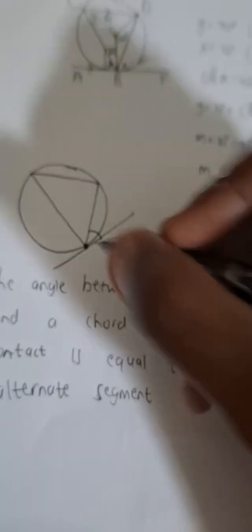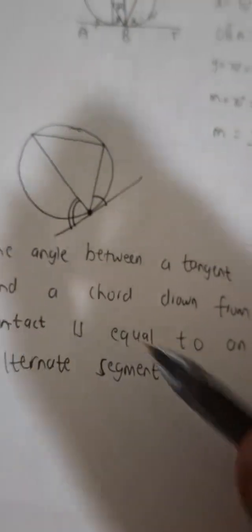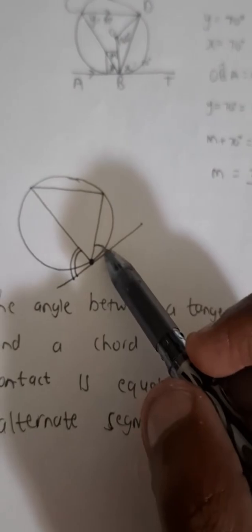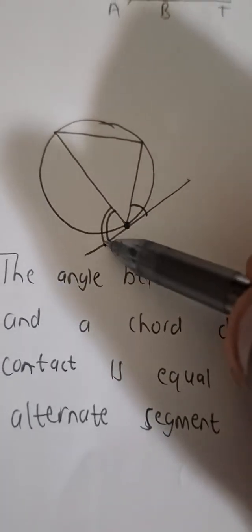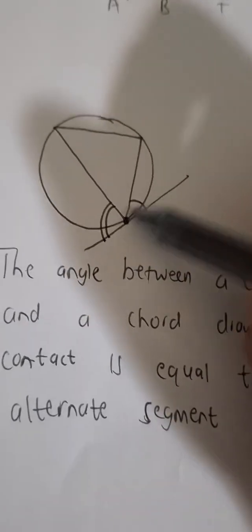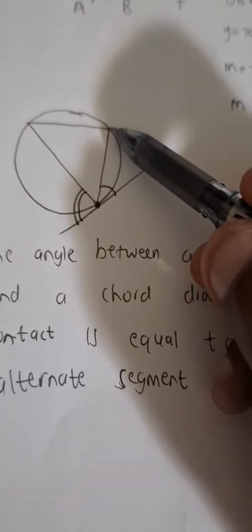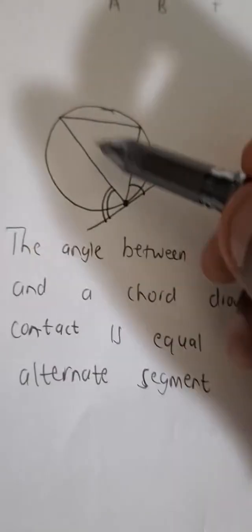Then there's also this angle on this side between this tangent and this chord. I've drawn one strap to indicate this angle, and 2 straps to indicate this angle, just to show you that these 2 angles are not the same angle, but they are both angles formed by the tangent and the chord.